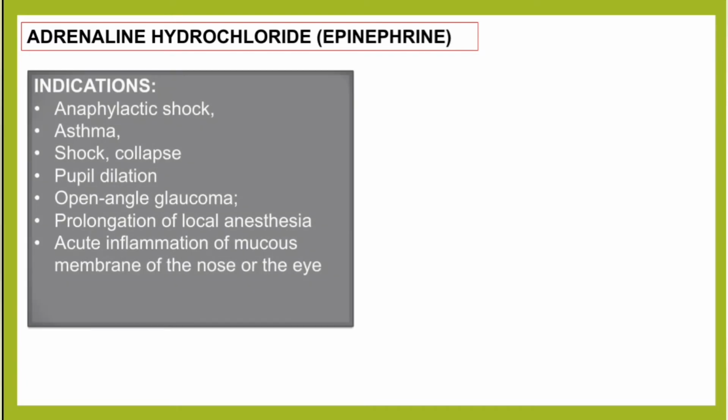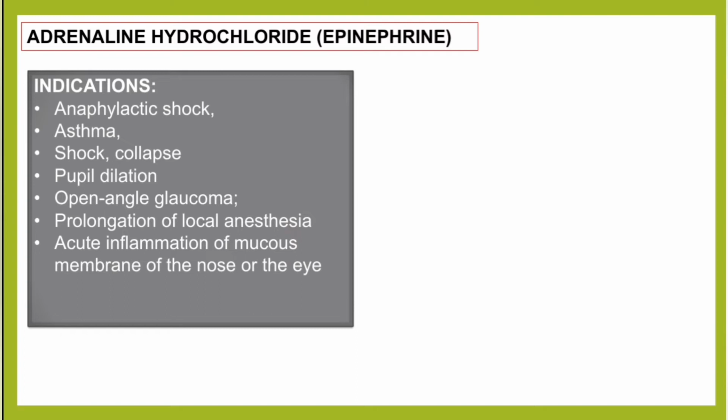So the indications include anaphylactic shock, asthma, shock or collapse, pupil dilation, open-angle glaucoma, prolongation of local anesthesia, and acute inflammation of the mucous membrane of the nose or of the eye.